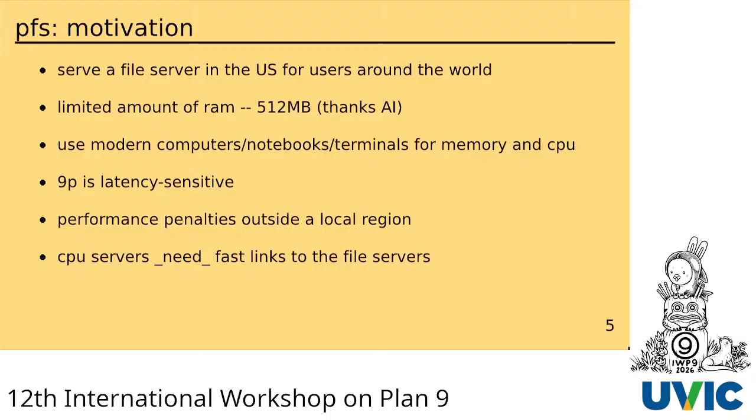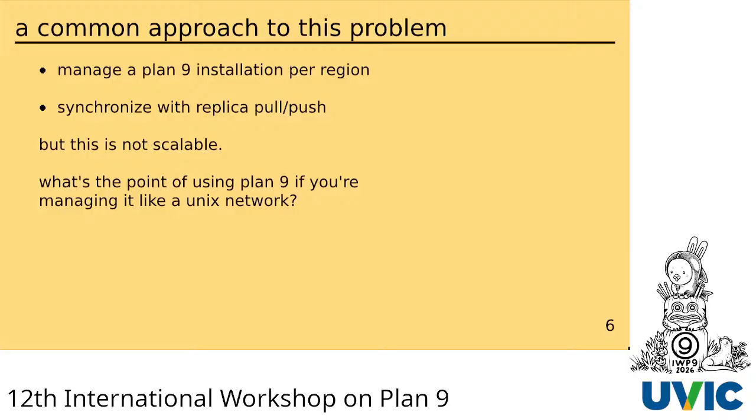Now, I assume that if somebody were to deploy a Plan 9 grid globally, what they would do is they would have different separate installations of Plan 9 on different regions that they want to serve, and they would occasionally synchronize with the main file server with replica pull and push.